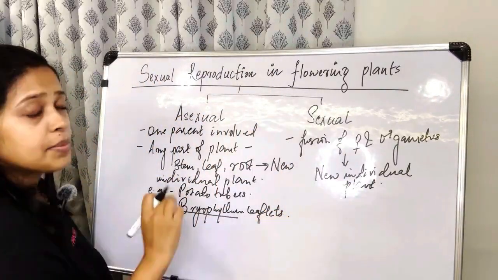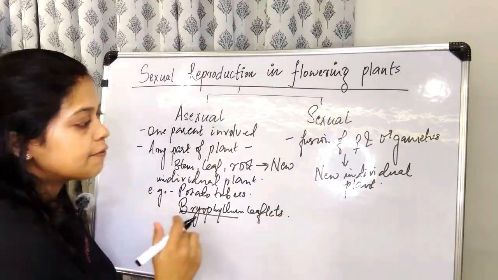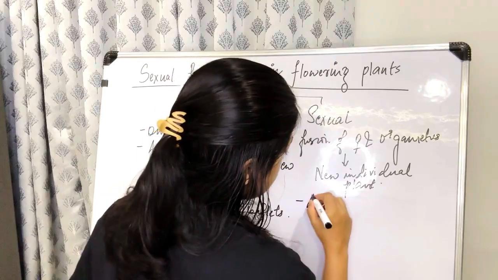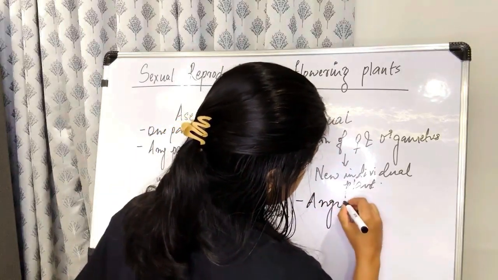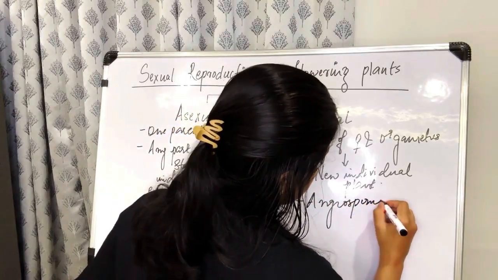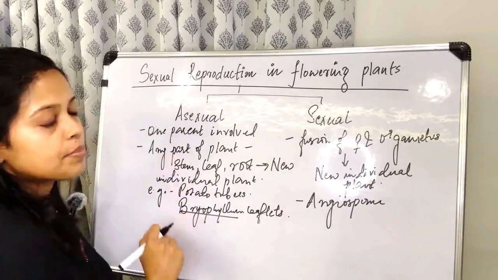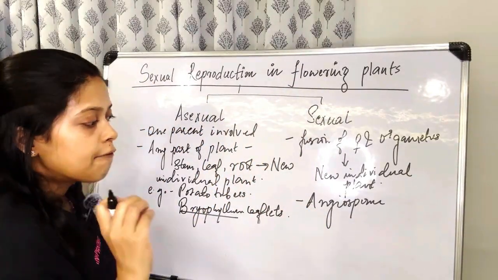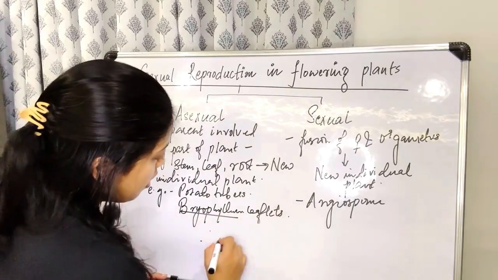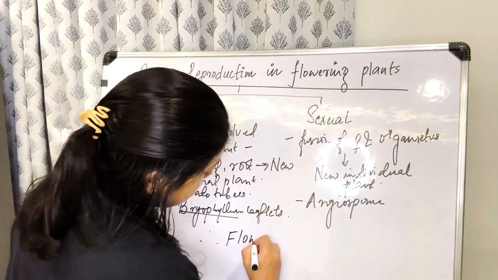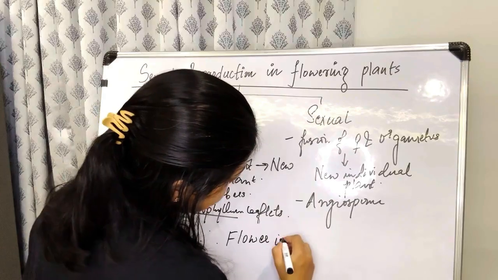Now, sexual reproduction occurs in the flowering plants. Flowering plants means angiosperms. So we can say that in angiosperms, sexual reproduction occurs in the flower. So therefore, flower becomes the reproductive organ.